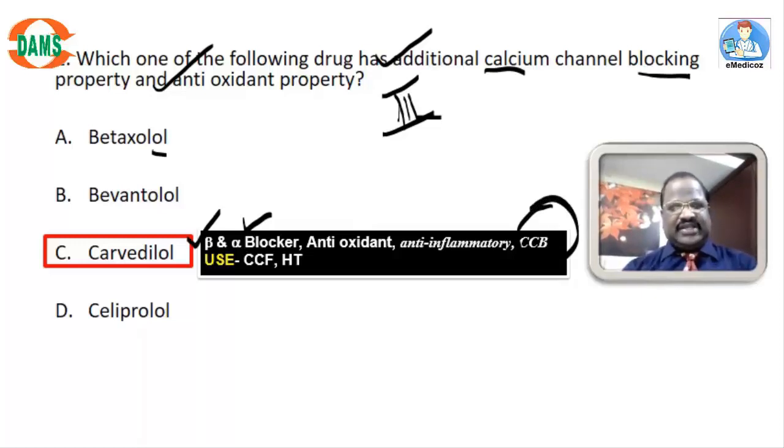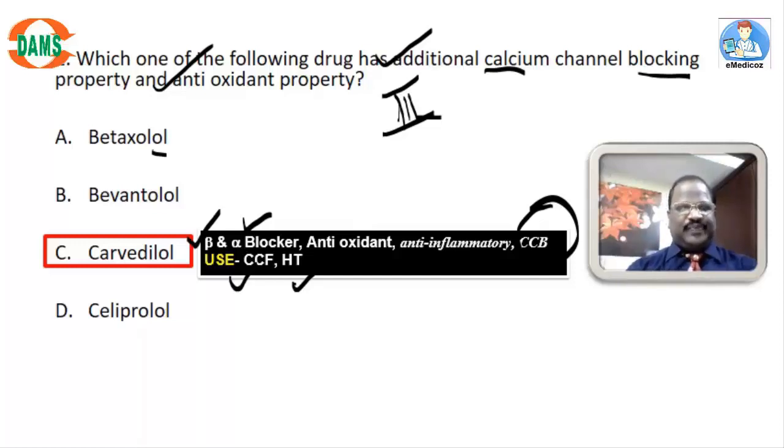It's an FDA approved beta blocker for the treatment of congestive cardiac failure as well as hypertension. Remember, among the beta blockers, the best one for treatment of congestive cardiac failure is carvedilol.